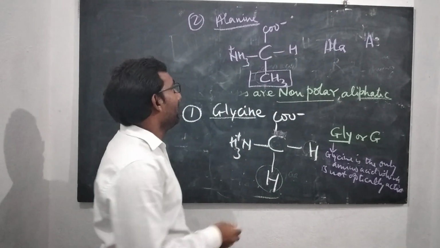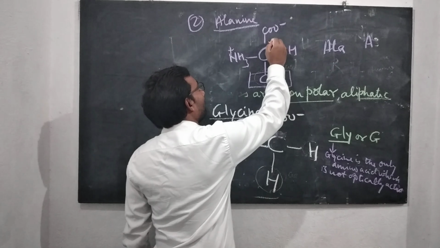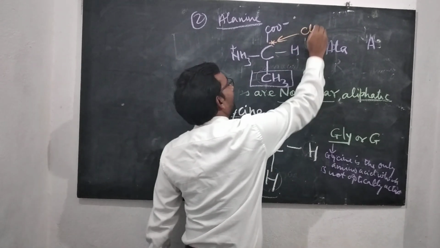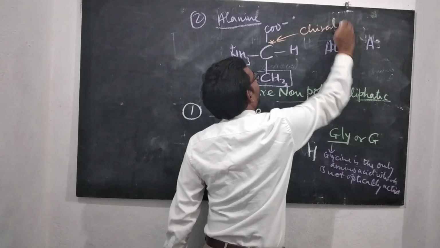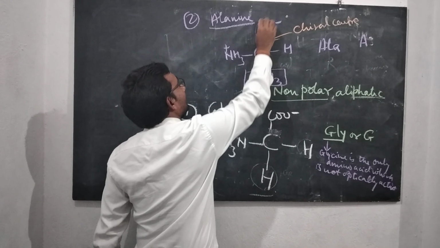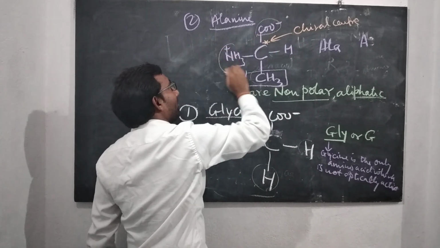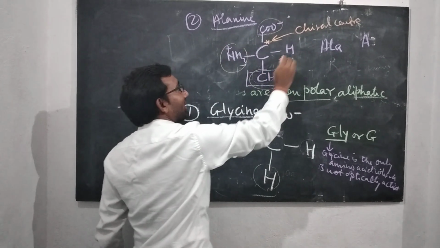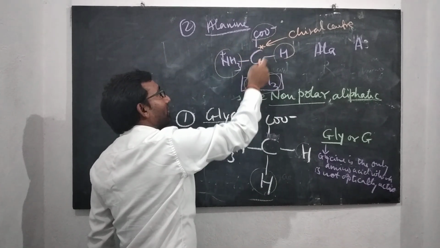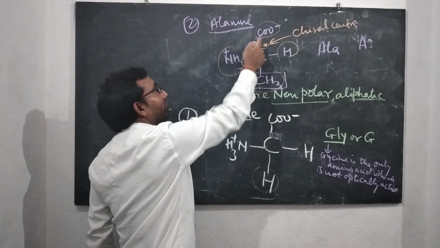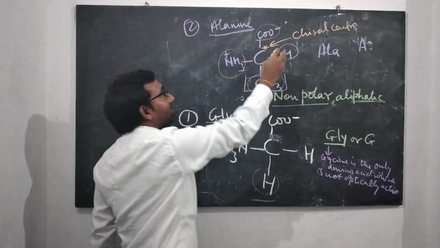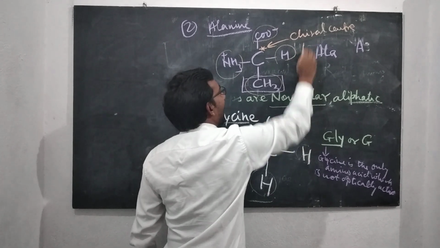Now, if I ask you, is alanine optically active? Yes, because a chiral center is present here. This is called the chiral center. To this carbon, this side the carboxyl group is attached, this side the amino group, this side the methyl group, this side hydrogen. When four valencies of the carbon are satisfied by four different atoms or groups of atoms, that becomes the chiral carbon, and hence alanine is optically active.